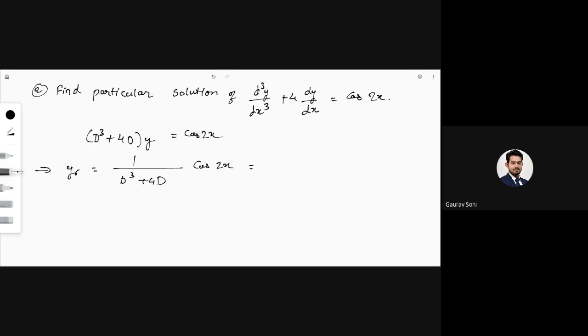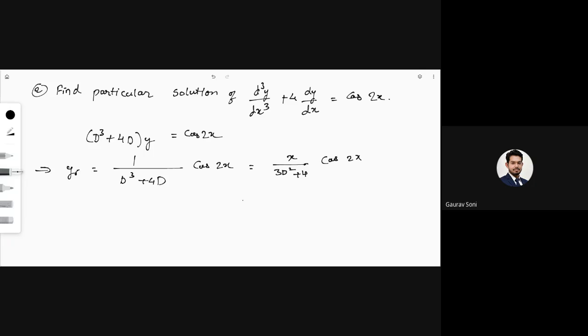So then what you have to do if it is turning out to be 0, then take the derivative in the denominator, phi dash derivative. So what we will have is 3 d square plus 4, and upward will come x cos of 2x.